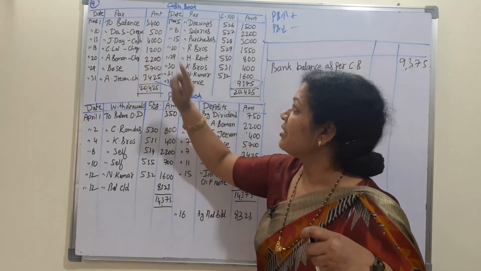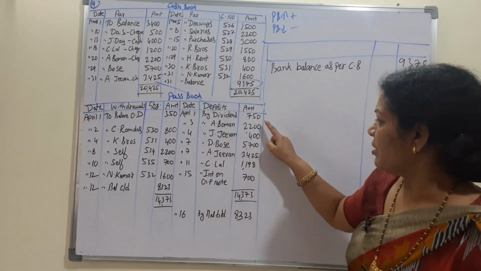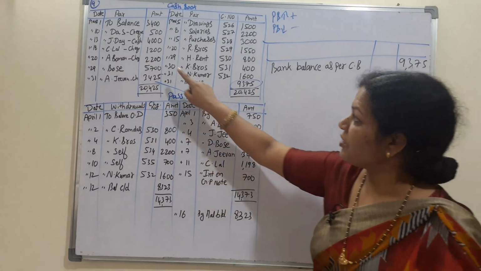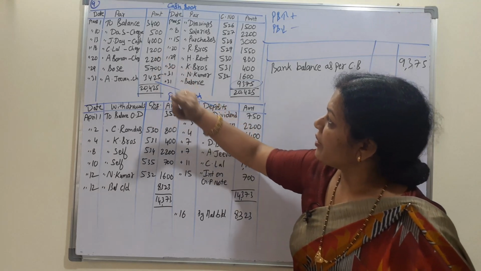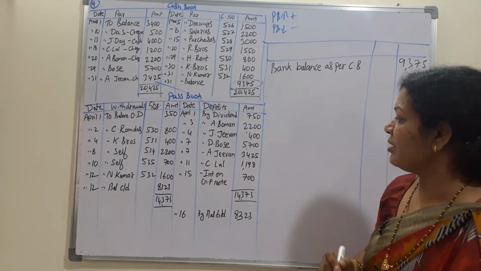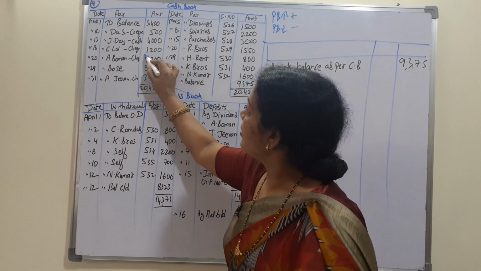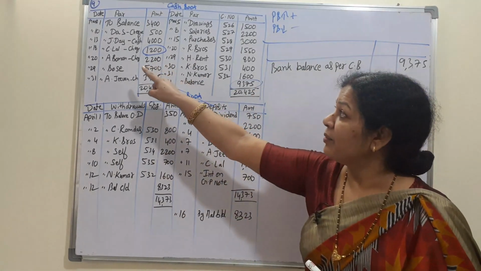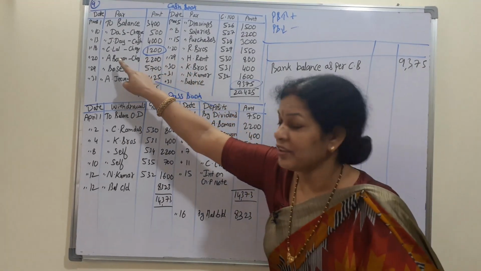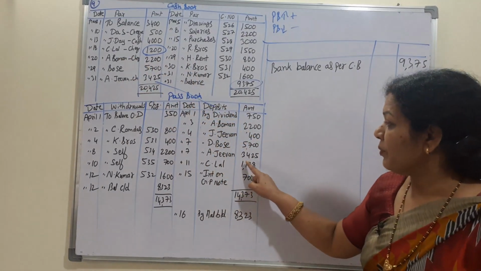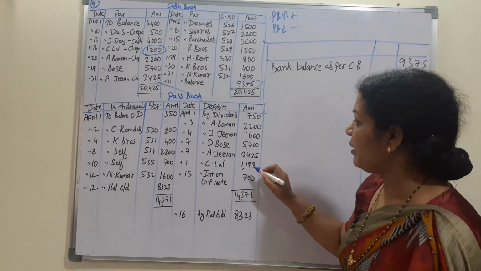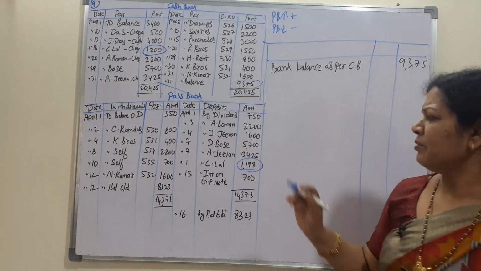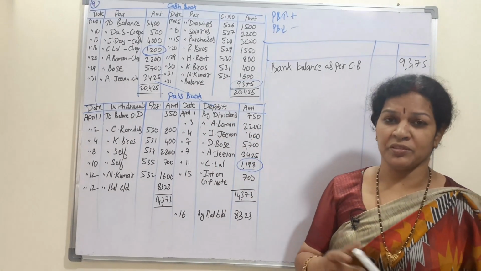Next, C Lal check 1200. Yes, this is here. We sent the 1200 check in March, and you are finding it here on April 11th with some discount, some charges they have charged.